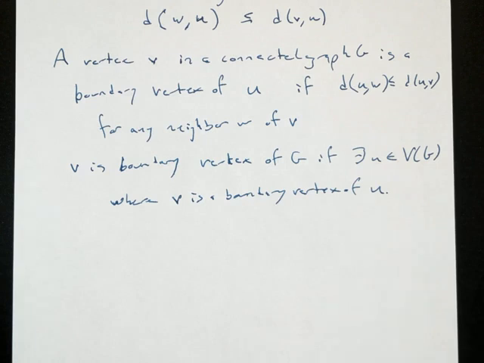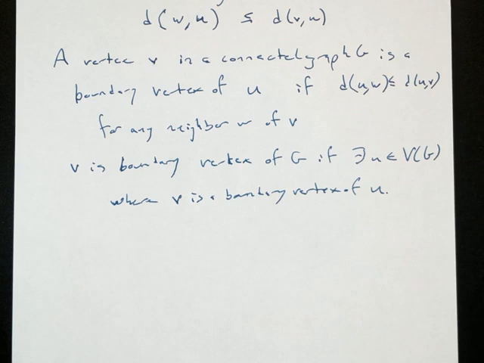Okay, wait a minute. So now I've created three definitions between Friday and today. I have peripheral, eccentric, boundary. What was the relationship between peripheral and eccentric? Say again? That's how we defined the periphery.